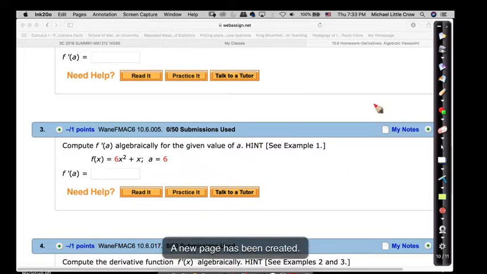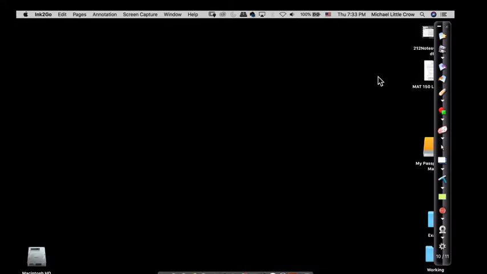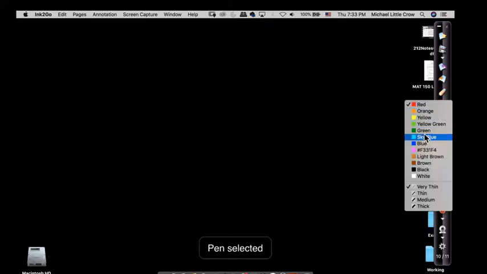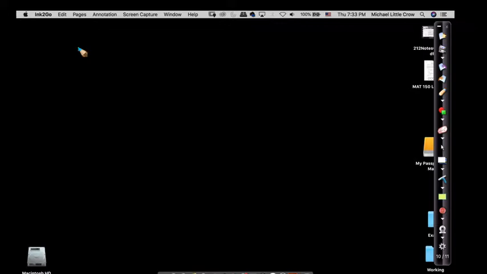So we'll clear that off. 6x squared plus x. Shrink this down. So what do we have? We've got the function of x is 6x squared plus x, and this one wanted to find the derivative when a is equal to positive 6, wasn't it?